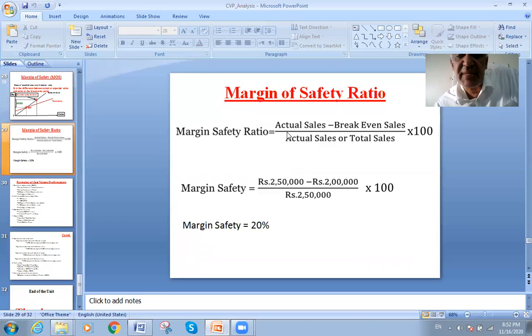So if I tell you, as an example, the actual sales was 250,000 rupees, and the break-even sales is 200,000 rupees, you would say the actual minus the break-even, divided again by the actual, multiplied by 100% to get it as a percentage.